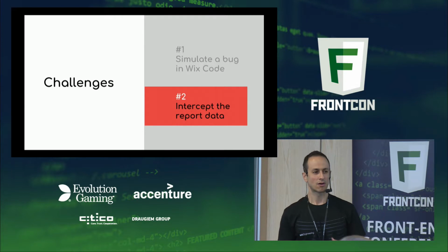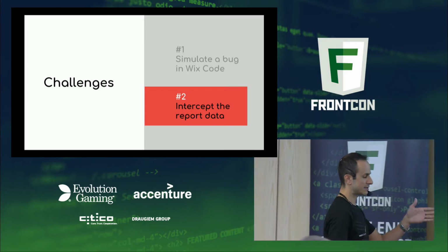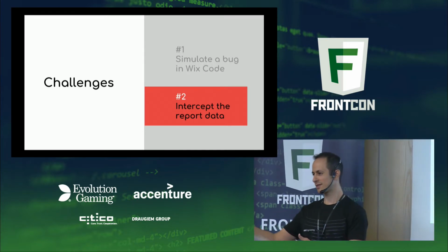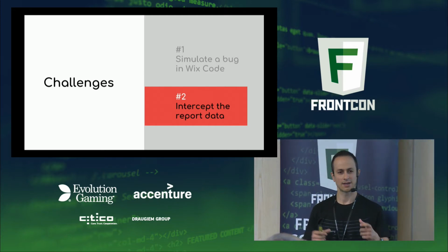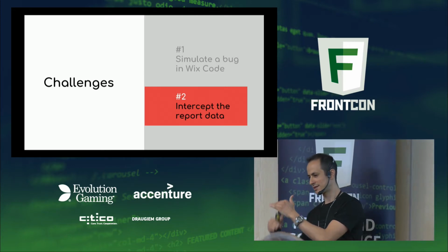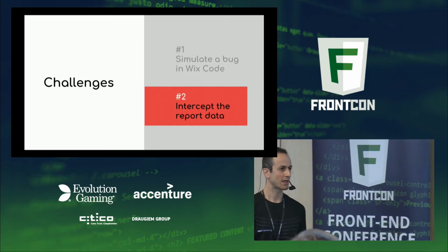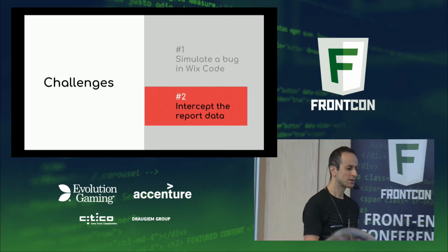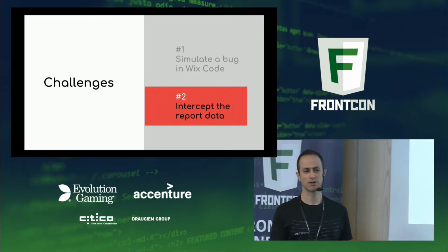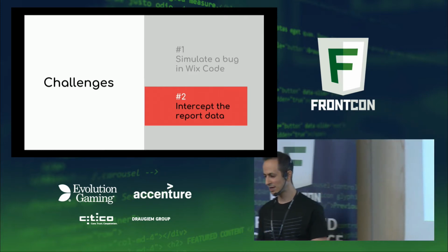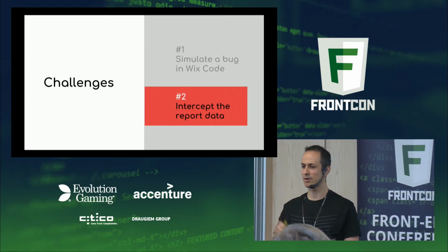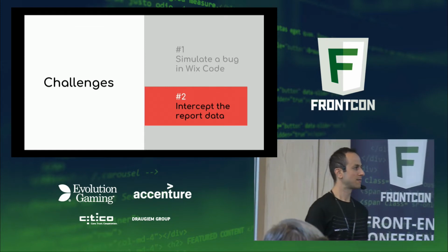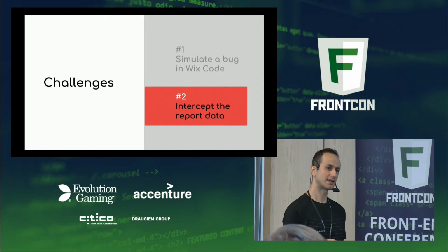I mean, the correct report is like this and this happened with this scope, and the stack trace is this and that, etc. And we are using Sentry, and we started to look for solutions with Sentry of how we can do something like that, how we can inspect the reported data before it is being sent to Sentry.